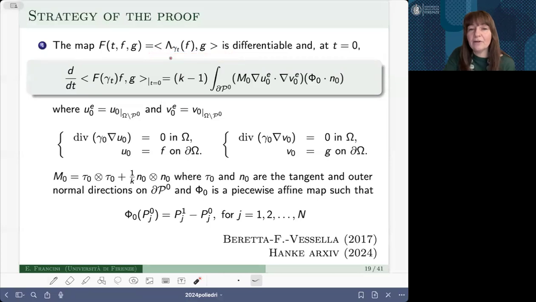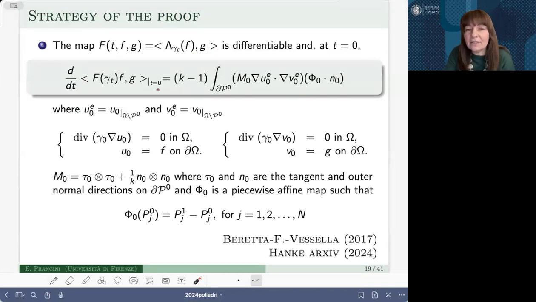We are going to evaluate the derivative of this map, which is the Dirichlet-Neumann map corresponding to time t, applied to function f and multiplied by function g. f and g are functions in H1 of the boundary of the domain. What we prove is that this map is differentiable at t equals 0, and we have this formula for the derivative.